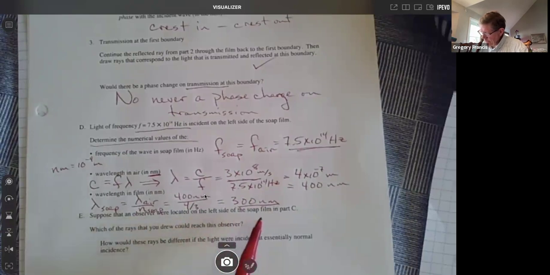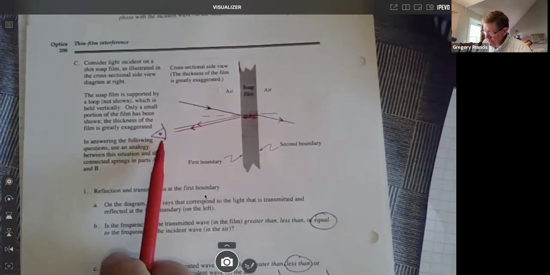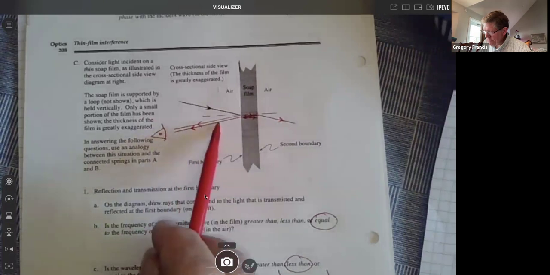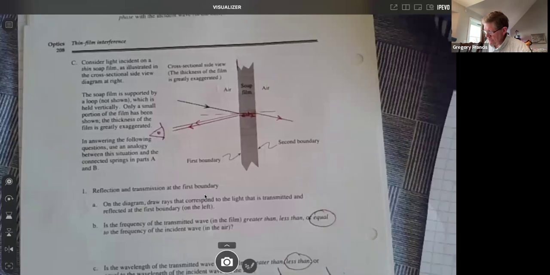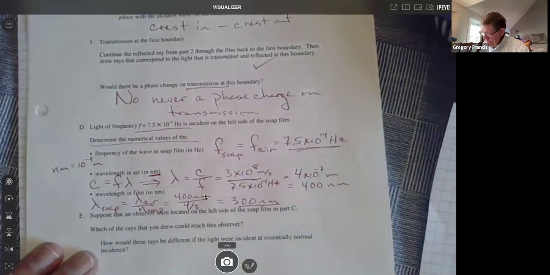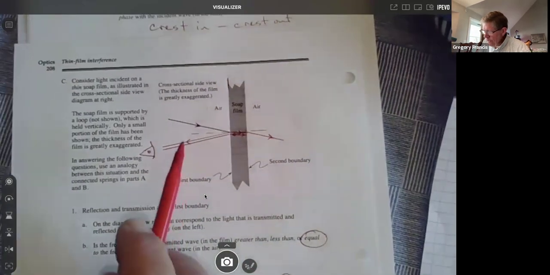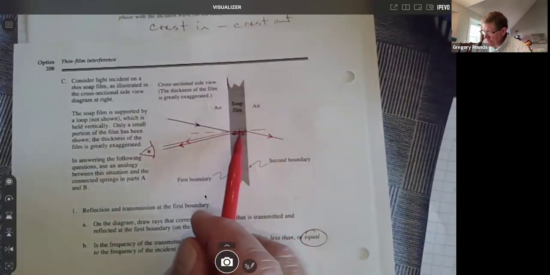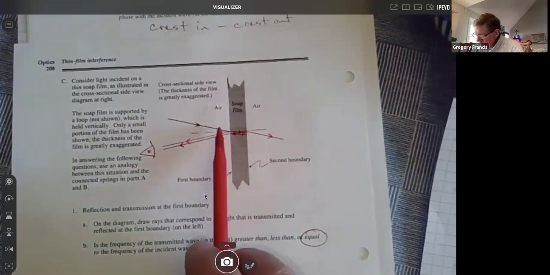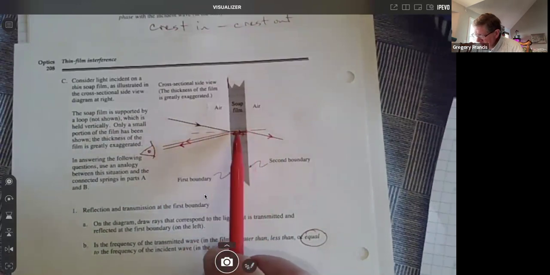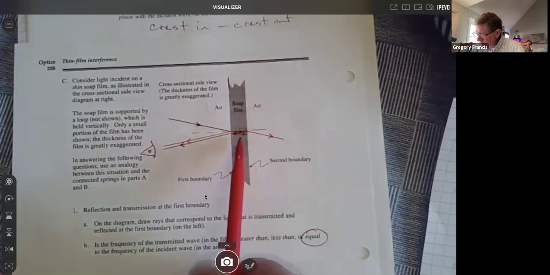Suppose that an observer were located on the left side of the soap film in part C. Well, that's what we were already talking about. I put my eyeball here and I watch these two rays come away from the soap towards my eye. How would these rays be different if the light were incident at essentially a normal incidence? Well, we drew it at an angle so that we could see all of the different comings and goings. And you can see that even at this angle, it got kind of messy inside the soap film.